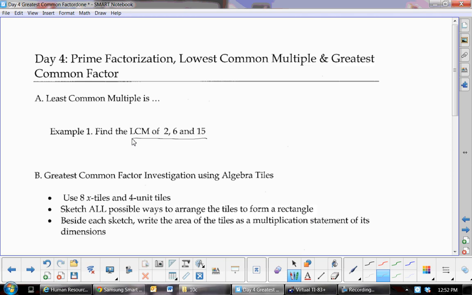Okay? So if I was to set this one up, I would set my 2, my 6, and my 15 just like that. And then I draw one of these. Now, the rule is, remember, at least 2 of them.